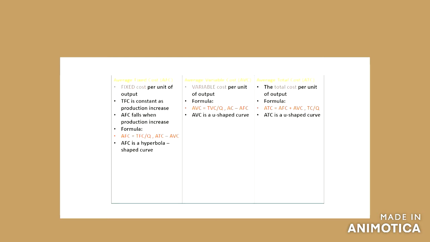So AFC falls when production increases. So TFC, total fixed cost, is a straight line even though the output increases, but AFC is different. AFC will decrease even though the production increases. So the formula to get AFC is total fixed cost divided by output, or ATC minus AVC. So it will give the average fixed cost.